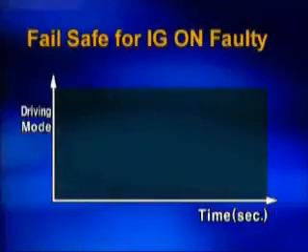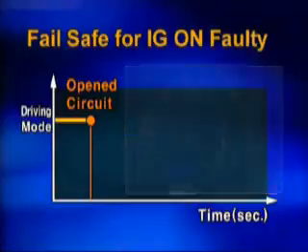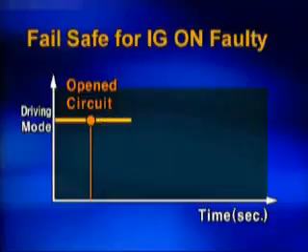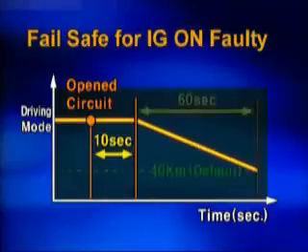If IG on power is cut during driving, that is, the vehicle speed input is 3 km per hour or more via CAN, and the IG on signal is cut, the motor current before cutting is maintained for 10 seconds. For 60 seconds, the current value is slowly decreased.